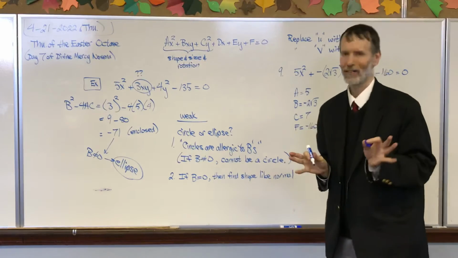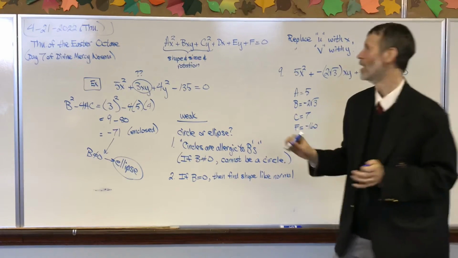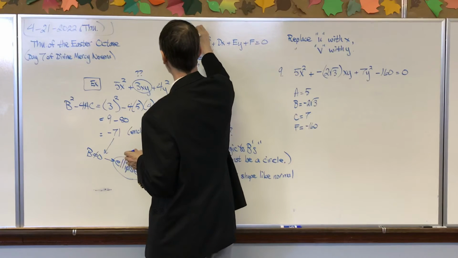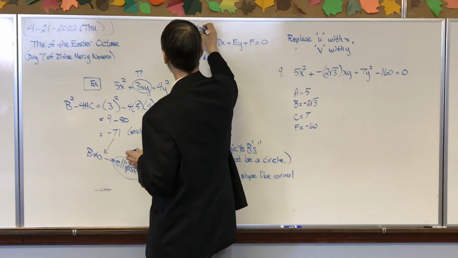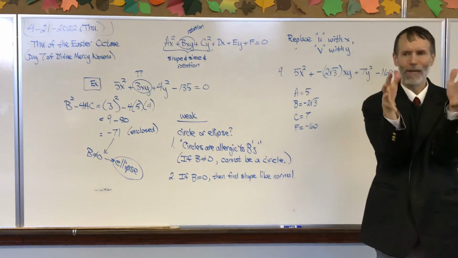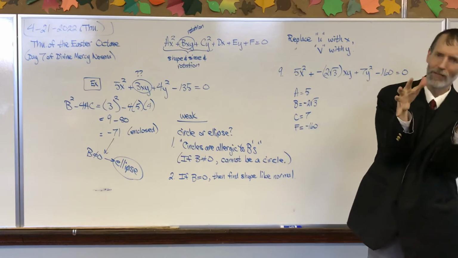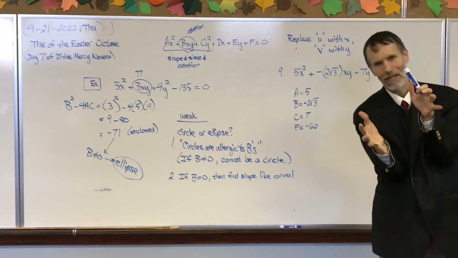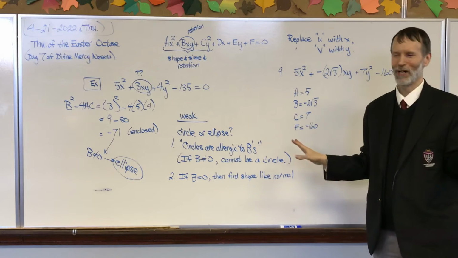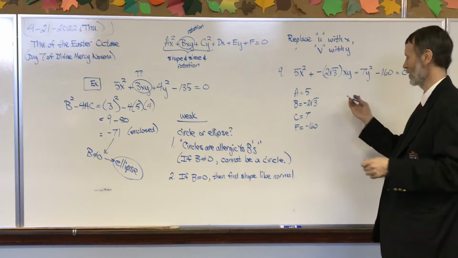We're not going to do that in this class unless we have time. But this bxy term is the rotation term. If there is an xy term, that means it's no longer straight up and down. That means it's rotated a certain number of degrees, clockwise or counterclockwise. There's a whole extra chapter we could do on graphing these things. I'm not going to do it because it takes forever.